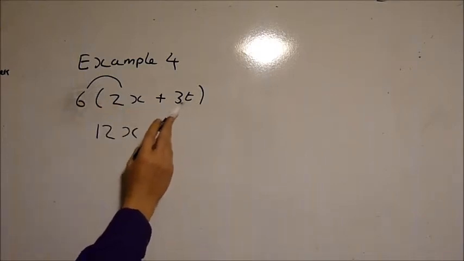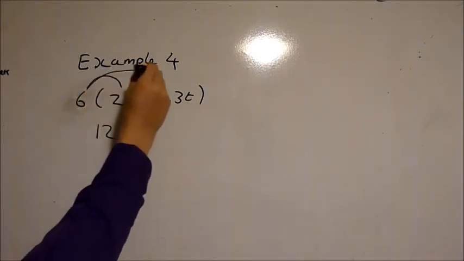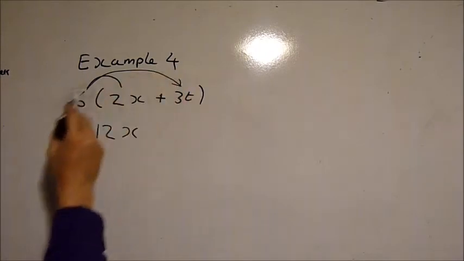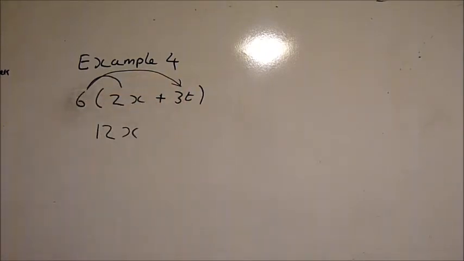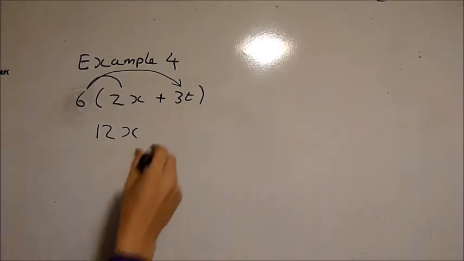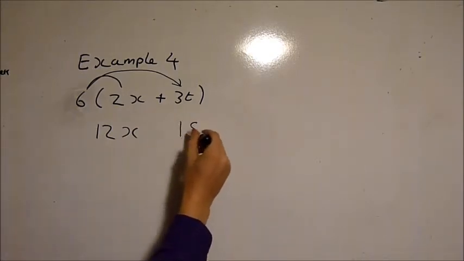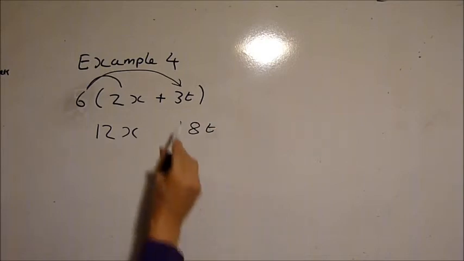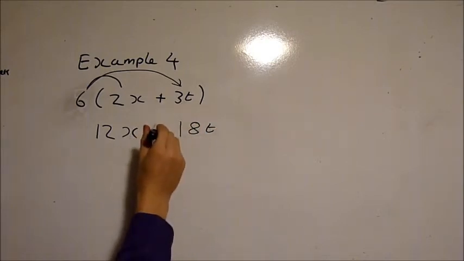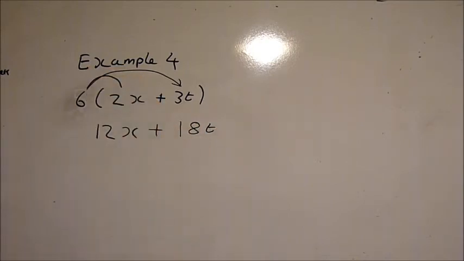Next we're going to look at this 3t. So 6 times 3t, well that's going to be 6 times 3, which is 18 t's. And the sign is just going to drop down. And that's the solution.